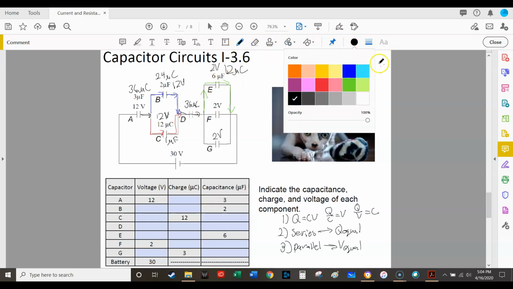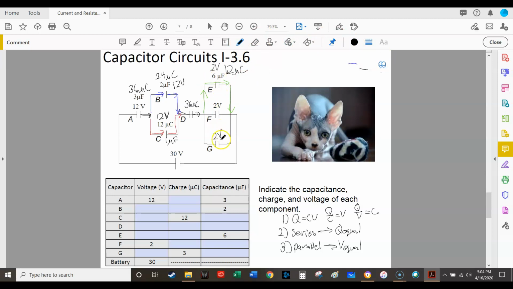Well, can't do much else with all of this. Well, now what we can do. Okay, well, let's think about it. We know this entire branch is in parallel with this. So that means if this is 30 volts, this whole thing needs to be 30 volts. Well, we know the voltage here, that's 12.